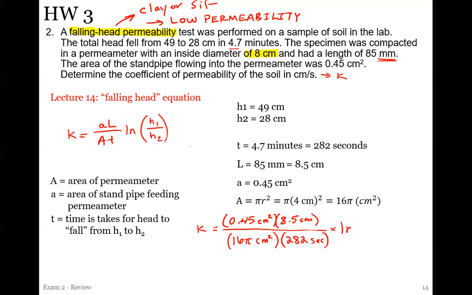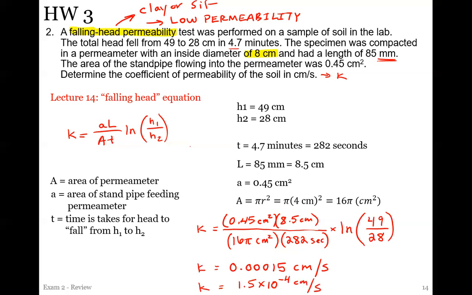And we multiply that by the natural log of 49 divided by 28. So make sure when you're using this in your calculator, you know how to go between log and natural log, because if you put log there, then it would be completely different. So we do all this out, and what we see is a really small number, 0.00015 centimeters per second. Usually we show it this way, 1.5 times 10 to the negative 4 centimeters per second.